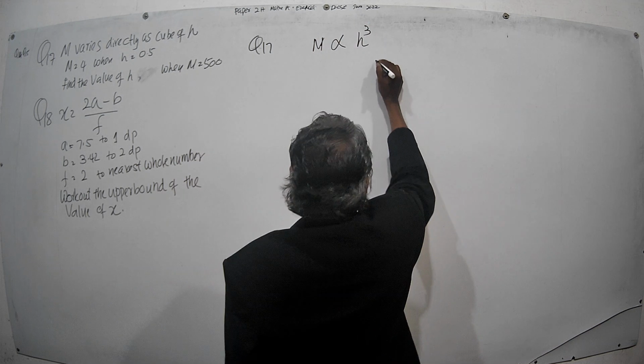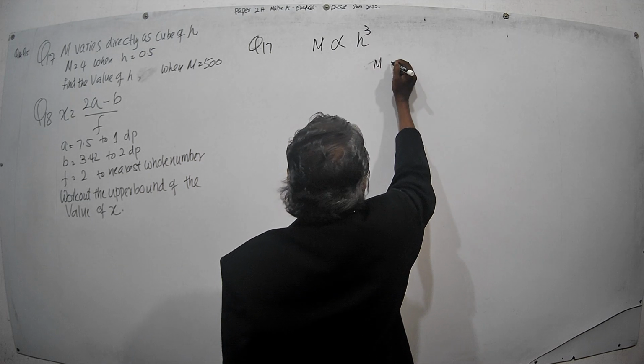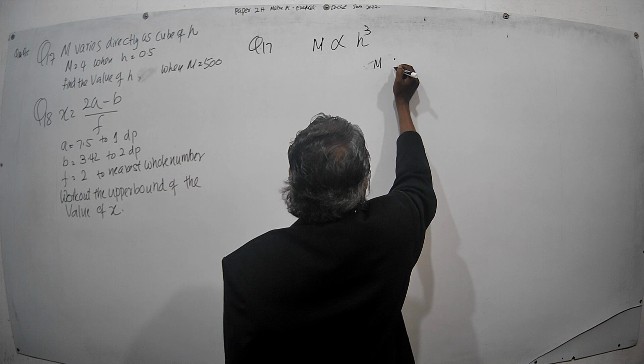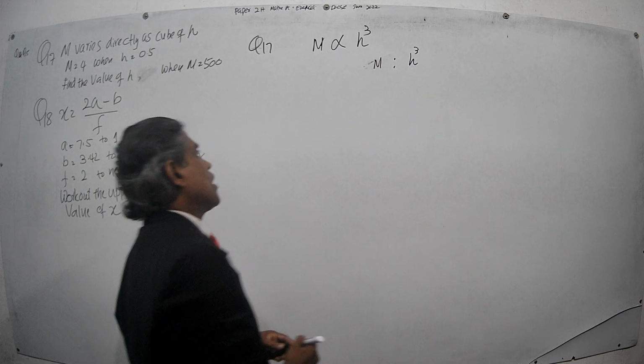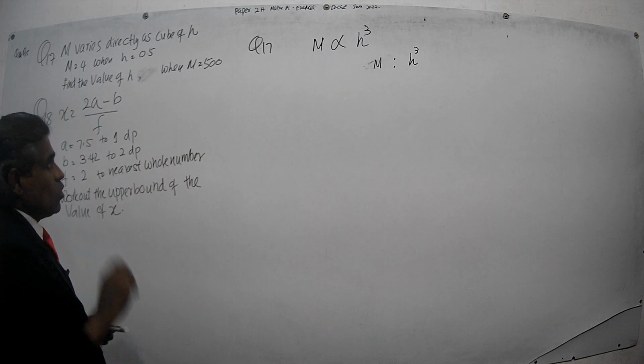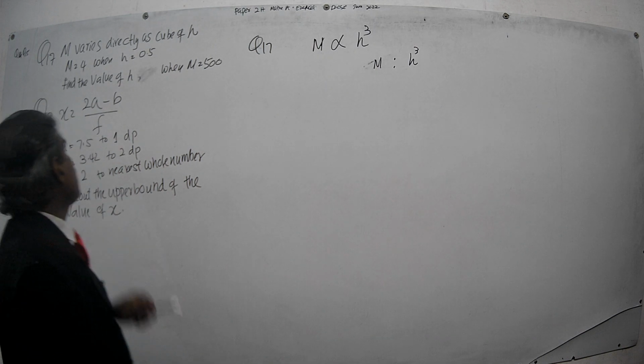Then you write m here, then you write h cube here. Now they say m equals 4.